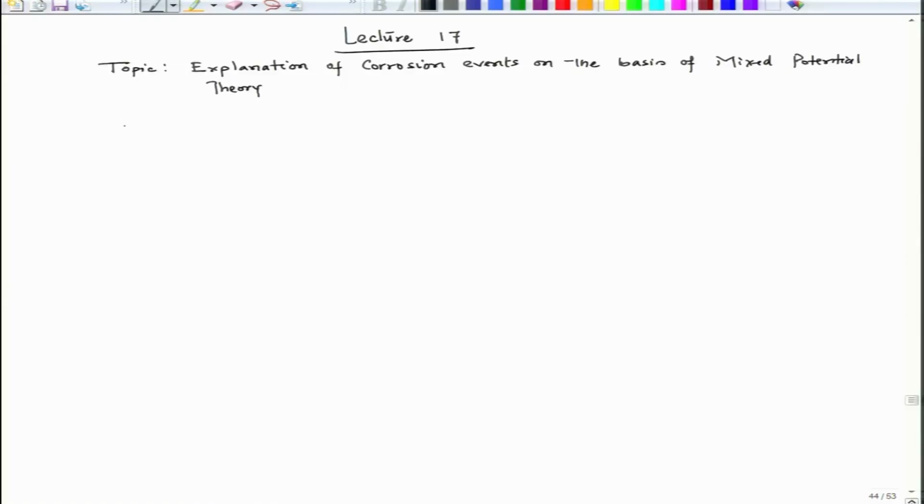So, today we will talk a little more about cathodic protection. We will be talking about the effect of magnesium and zinc on iron corrosion, when they are galvanically coupled.